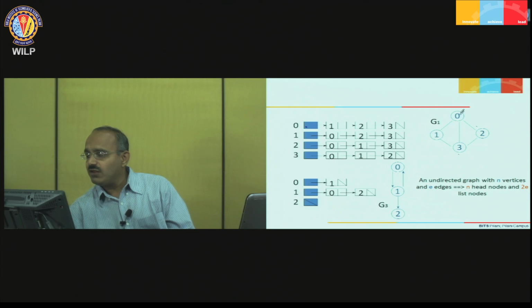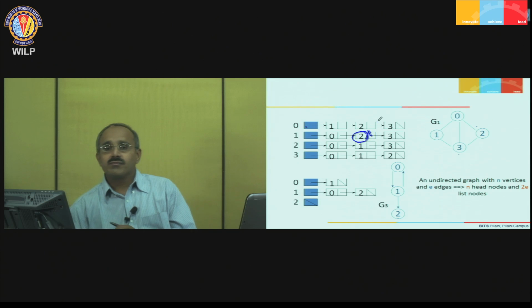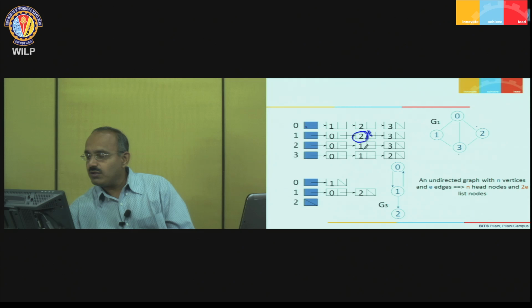So, in this case every node is adjacent to the other node, except if I look at 1, at 1 it is adjacent to 0 and 2. There is a mistake here. This is wrong, that is a typo. 2 is not adjacent to 1. So, that is a typo here also. There are 2 typos here, sorry for that.